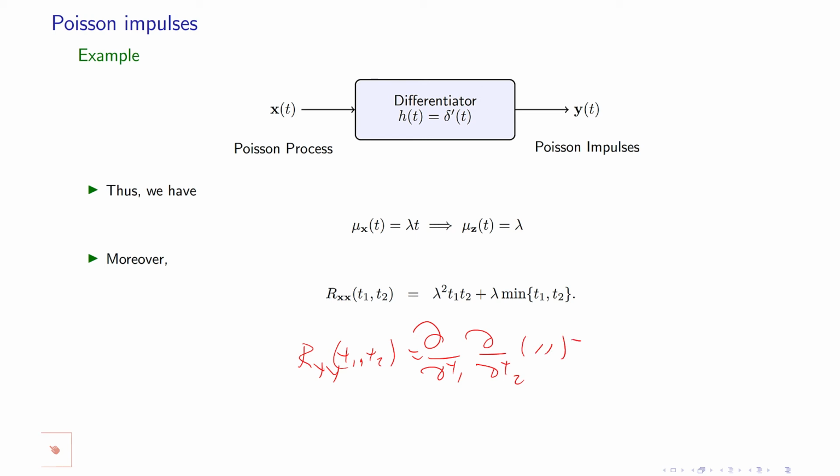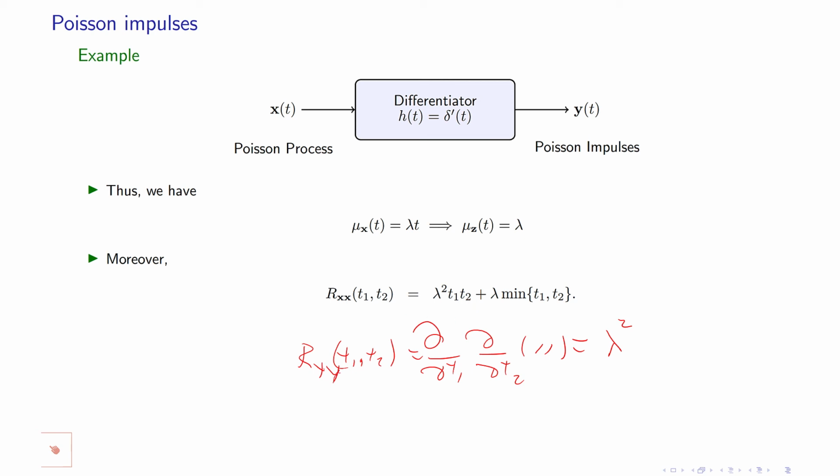When I take the derivative with respect to t1, the first term disappears, and with t2, another term. So this will become lambda squared, and the derivative of this one, let's say t1 is smaller than t2, with respect to t2 becomes 0. So in any case, one of these terms will disappear.